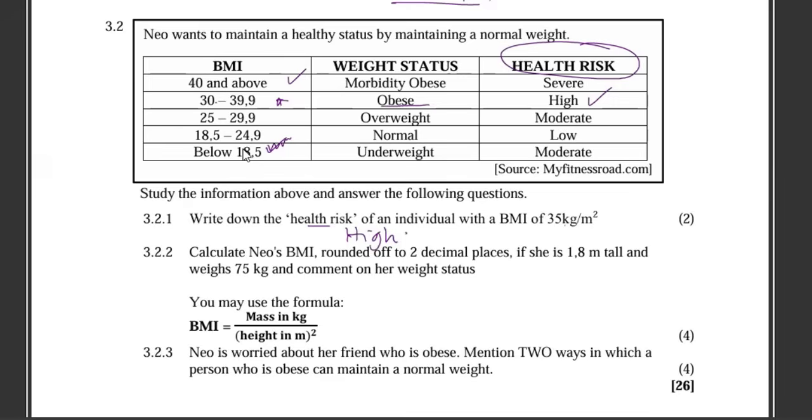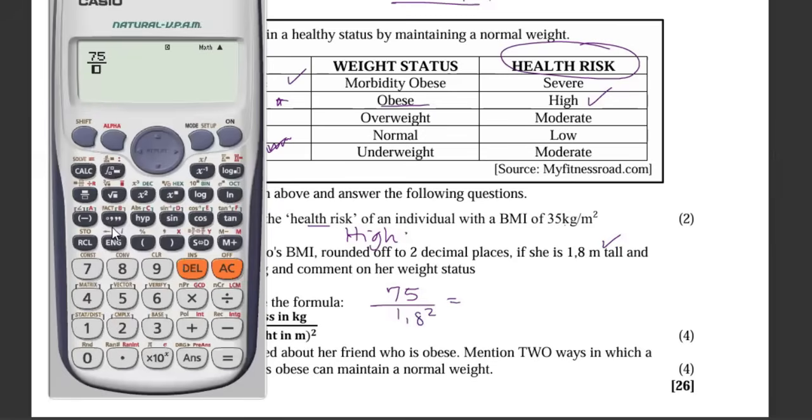Are we there? So calculate Neo's BMI rounded off to 2 decimal places if the height is 1.8 meters tall and the weight is 75 kilograms. Substitute in the formula 75 divided by 1.8, but don't forget it's supposed to be squared. So the answer here becomes 75 over 1.8 squared.